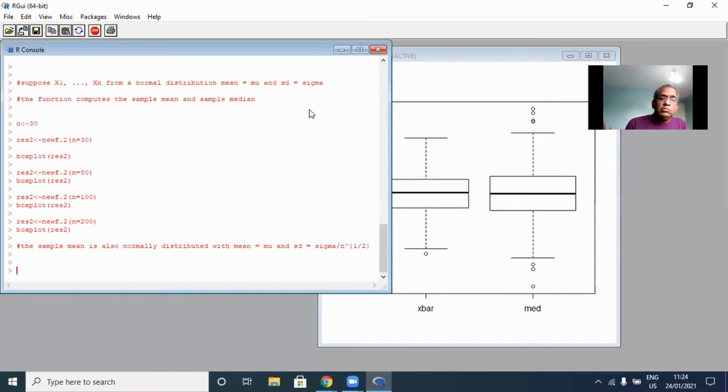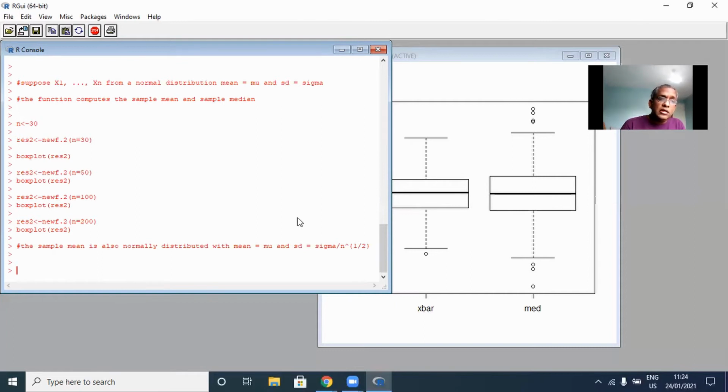I hope you remember this. It's one of the properties of a normal distribution, that if you have a random sample from a normal, then the sample mean is also normal with mean mu and standard deviation sigma by root n.